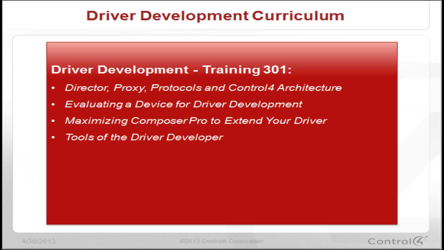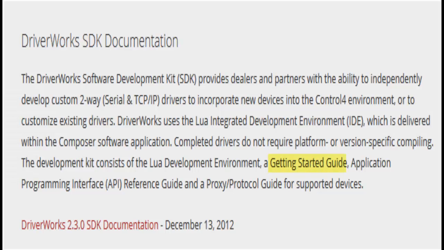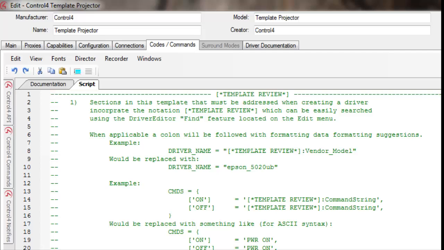Finally, we will introduce you to the tools that are available for developing drivers in the Control4 environment. These include the DriverWorks API, which is used to create device drivers, and Driver Editor, which is an integrated design environment for the DriverWorks API.